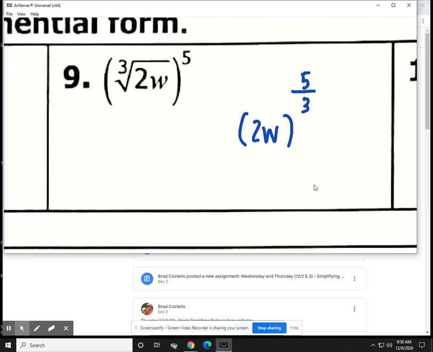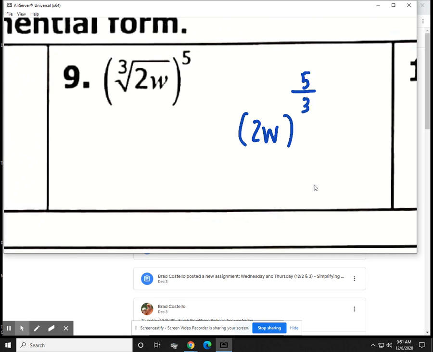So 1/3 times 5 is 2w to the 5 thirds power. So it's the same thing as if that exponent were inside. So anyways, whenever you see that exponent out there, you know it's just going to be the numerator of your fractional exponent. Okay? All right. So there you have it.